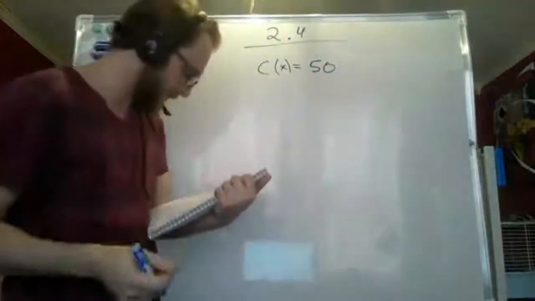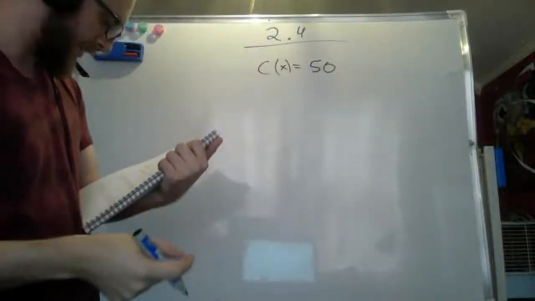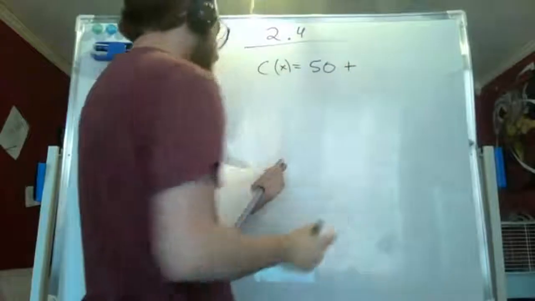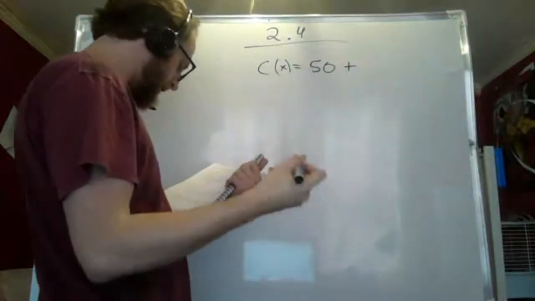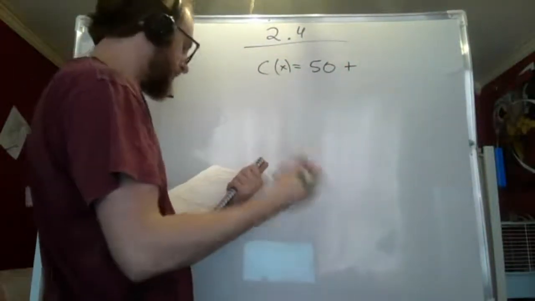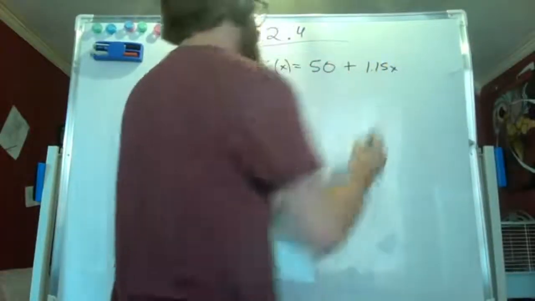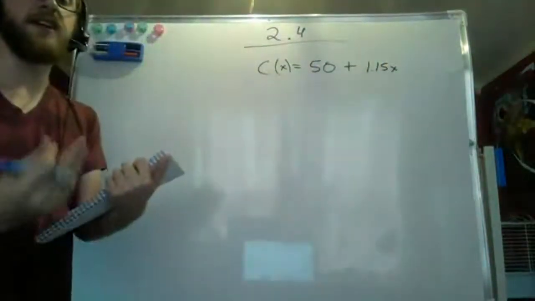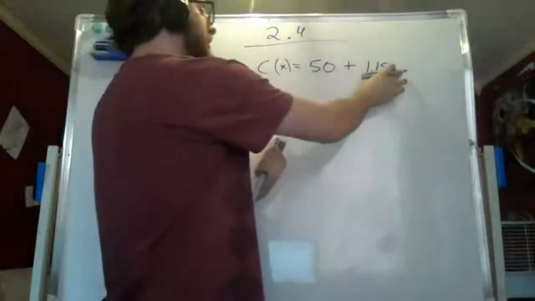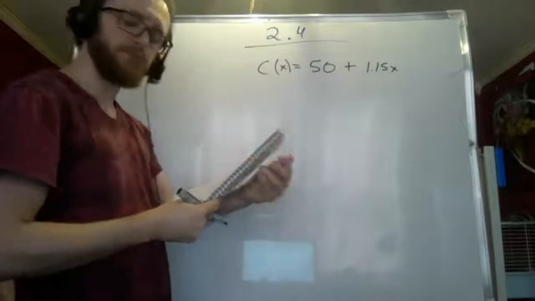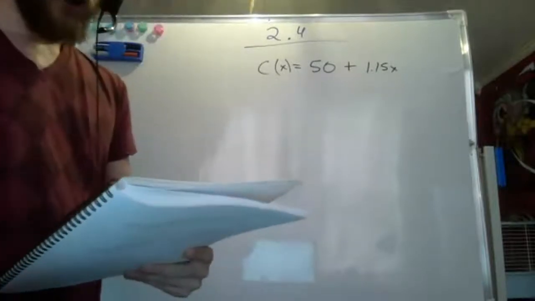That's a flat fee. And an item charge, so we've got a plus sign here, and an item charge of $1.15 per t-shirt. So for every t-shirt you buy after that, it's going to cost you $1.15 each. That's $1.15 times x. So there's our cost. So we found our cost function.